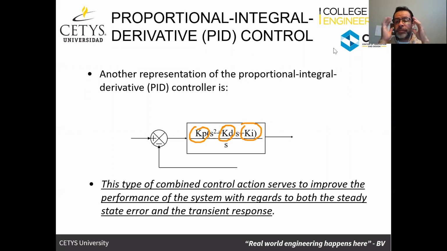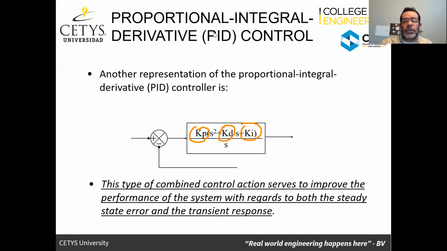And actually, in commercial PID controllers, you're going to be able to modify each of these three constants, which is going to modify the behavior of the system through the controller. And so this combined action serves to both improve steady state and transient responses.